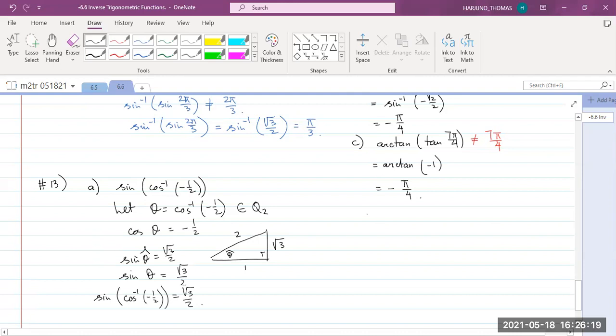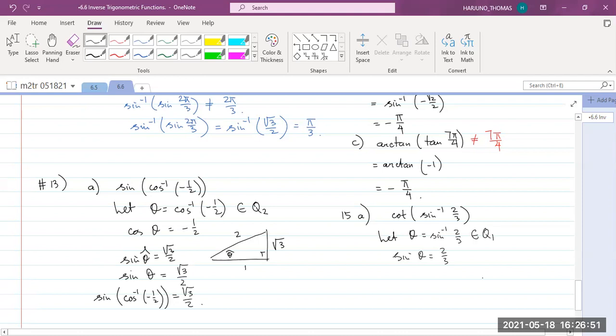Let's try number 15a. I jump around because I want you to do some problems after the break. Number 15a, how about cotangent of sine inverse of 2/3? So we let theta equal sine inverse of 2/3. So sine theta equals 2/3, that's quadrant 1, right?